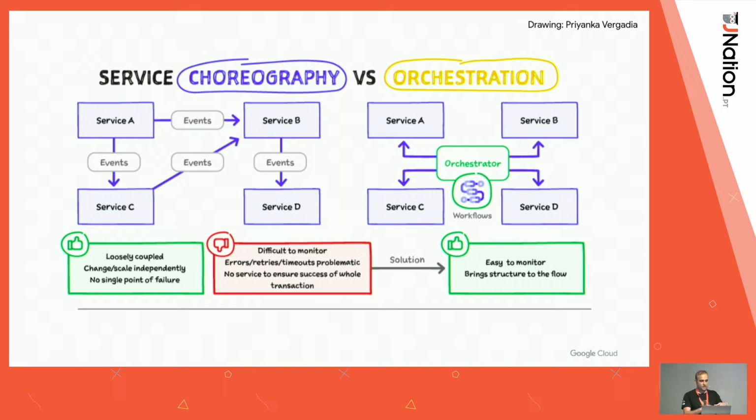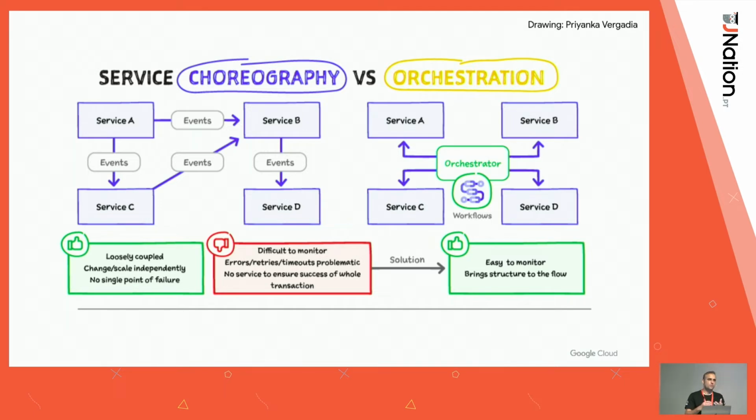So in this event-driven approach, you have services that are loosely coupled. They don't really know about each other, and they don't care about each other. They just communicate indirectly with events. So that's the good thing about event-driven systems. But the bad thing is that once you have a lot of services, let's say 20, 30, or 100 services, then it becomes quite difficult to trace what's happening in your system.